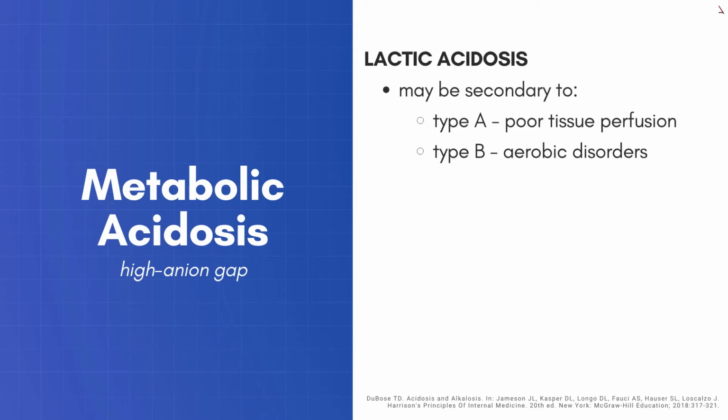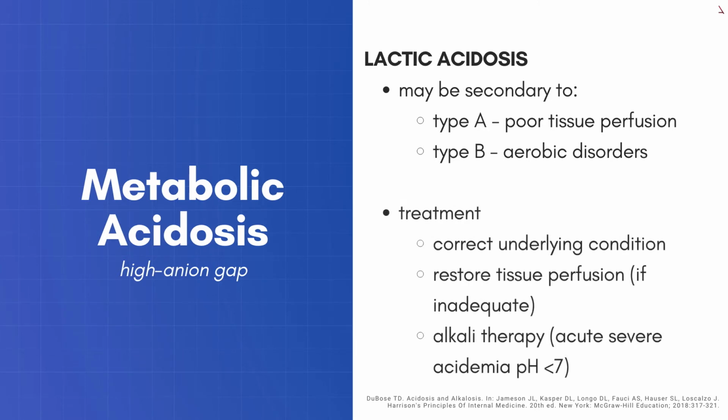So lactic acidosis may be secondary to type A, or poor tissue perfusion, seen in shock or cardiac failure, severe anemia, mitochondrial enzyme defects, or inhibitors such as carbon monoxide and cyanide. Or type B, or aerobic disorders, seen in malignancies, nucleoside analog reverse transcriptase inhibitors in HIV, diabetes, renal or hepatic failure, thiamine deficiency, severe infections, seizures, or drugs or toxins.